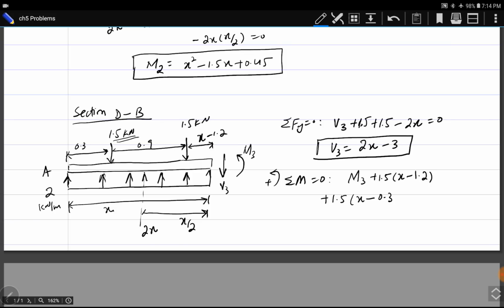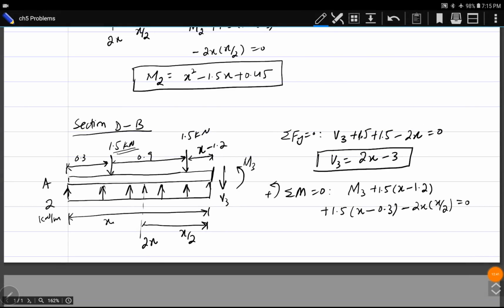This force has a distance of x minus 0.3 from this end. And minus 2x into x by 2 is equal to 0. After simplification, M3 becomes x square minus 3x plus 2.25.